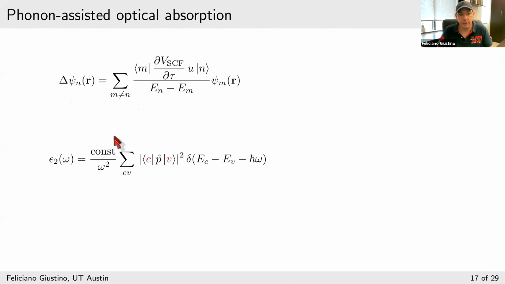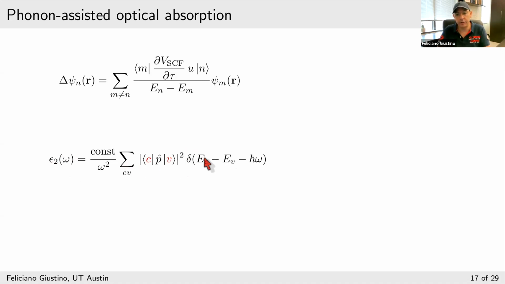So let us remind ourselves how to calculate an optical absorption spectrum in the simplest possible way. This is an expression in the independent particle approximation, and it's very simply the imaginary part of the dielectric function that is proportional to the absorption coefficient, and is given by a joint density of states.